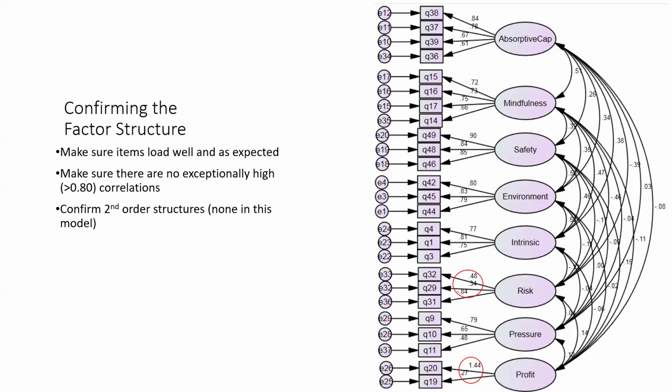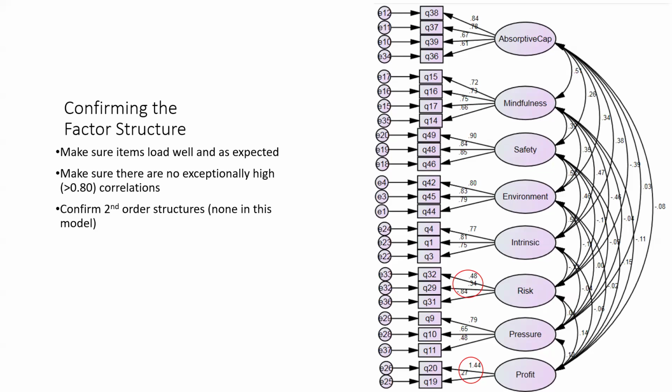In any factor analysis, we have to have at least two types of validity. One is convergent validity, another is discriminant validity. Without that, it is meaningless. In convergent validity, we want to see that the items belonging to a factor load onto the same factor.